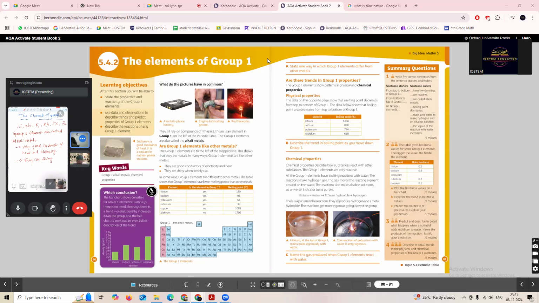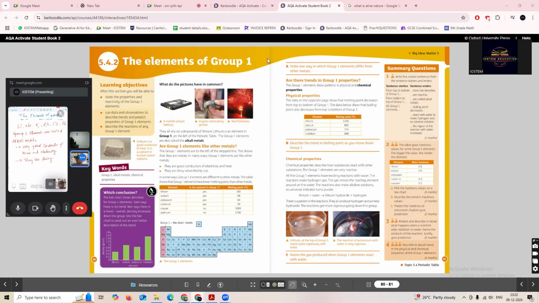They are highly reactive, and they react really easily with water. Lithium and sodium react with water, and potassium, if you put it in the atmosphere, reacts with oxygen very fast. So it is very vigorous.